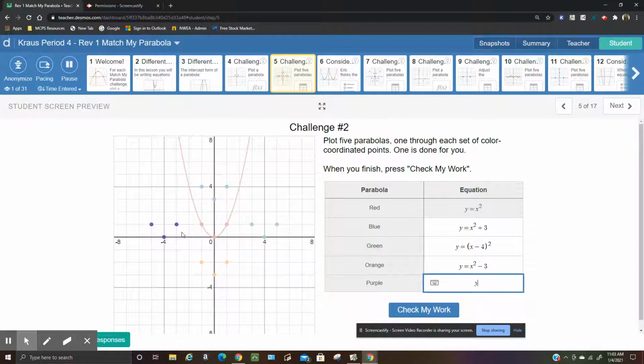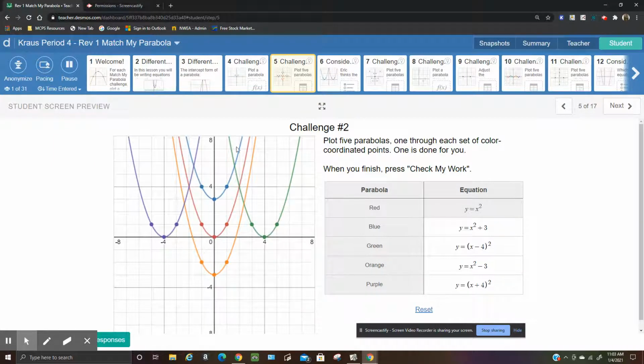So y equals x minus the negative 4, which would be x plus 4, quantity squared. And that is correct for every graph: blue, green, orange, and purple.